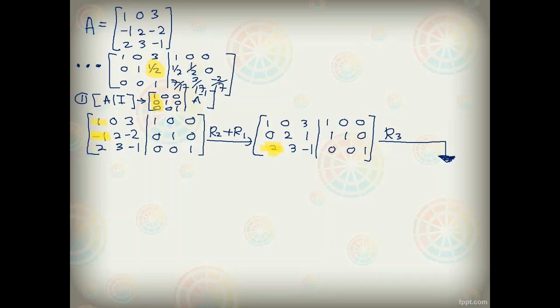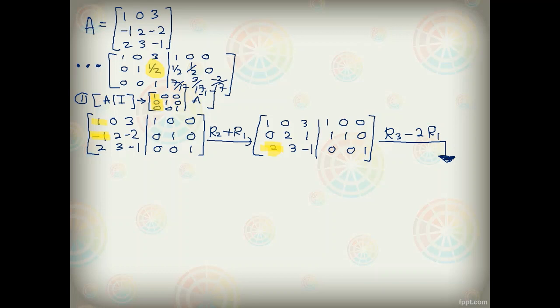If you take 2 minus 0, you still get 2. If you take 2 plus 0, you still get 2. So it won't change anything if you choose row 2. The only row that can help you is row 1 here. How? By multiplying row 1 with 2 and doing subtraction. So we will subtract 2 multiplied with row 1. Only this can reduce 2 to 0.